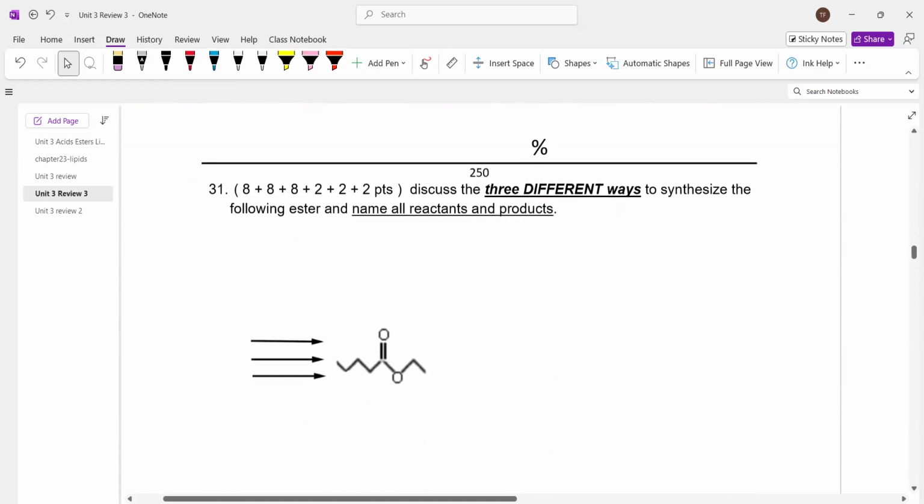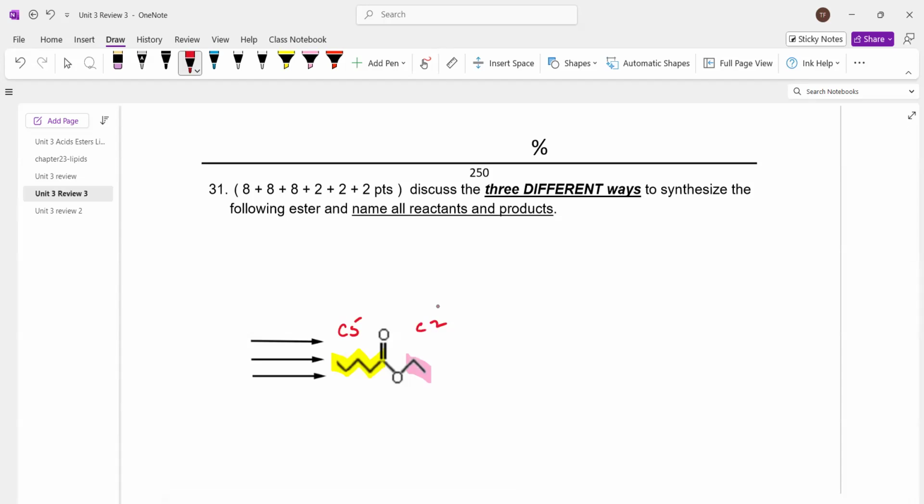Okay, so let's look at the 3 ways to make this ester. Okay, so we've got 1, 2, 3, 4, 5, a 5-carbon acid, 2-carbon alcohol. So let's do it the least effective way.